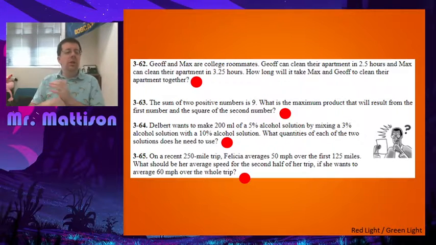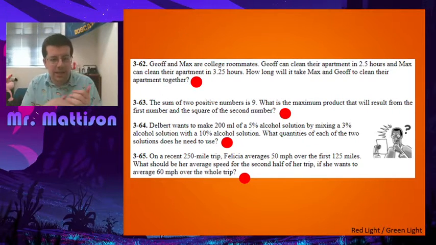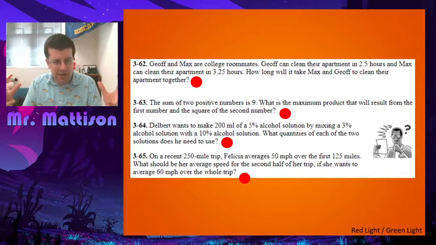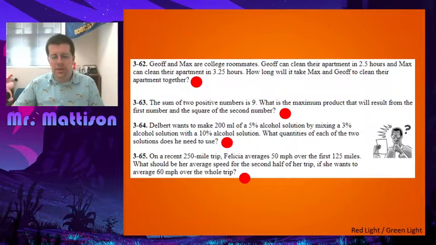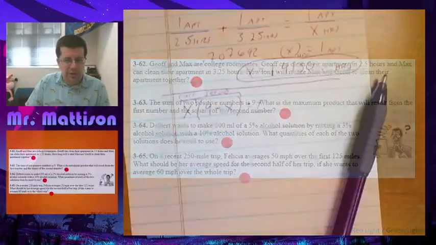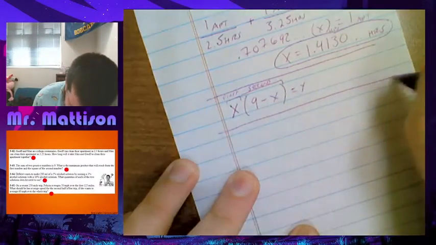So we need 200 mils of 5% solution, right? We currently have 3 and 10%, so how much of each do we have to mix together to get that 5% we are after? So let's take a look at how we can approach this. So this actually ends up being a system for us.